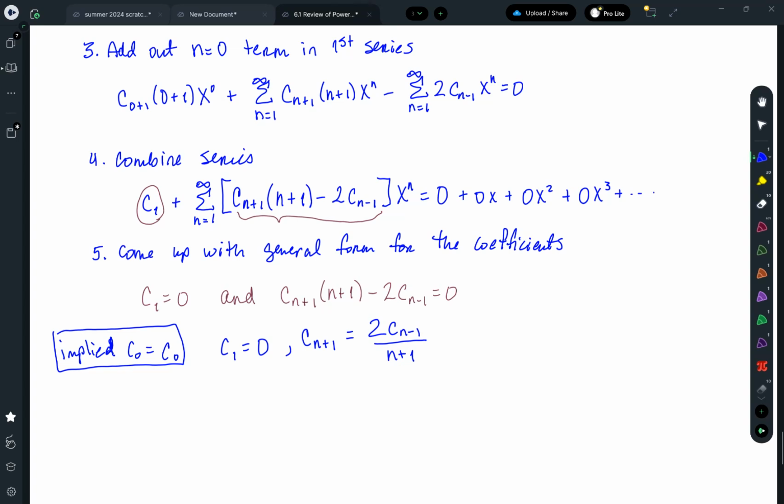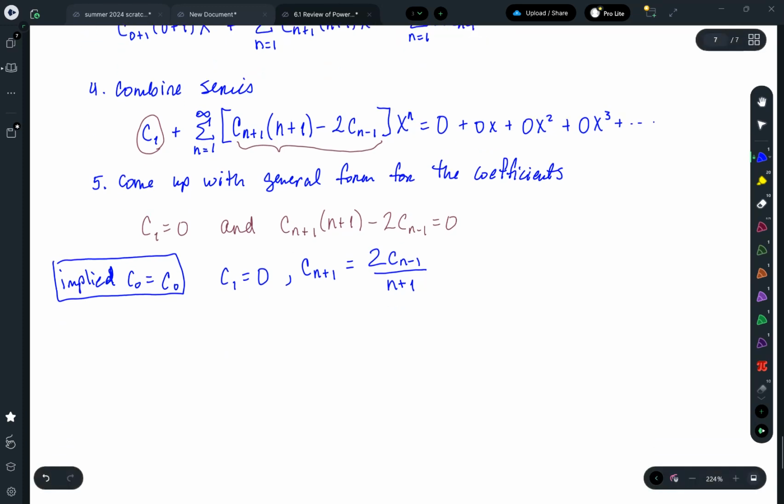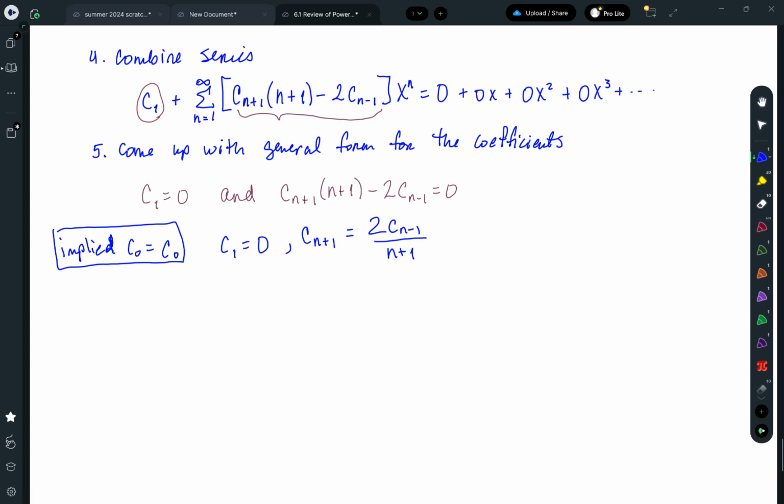So C naught's got to be there. When it doesn't show up in the equating coefficients part, we assume that it is itself. Like I could call it K or whatever, but I'm just going to let it be C naught, so it's not confusing at all.